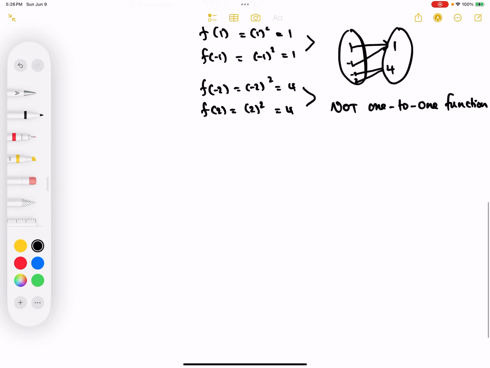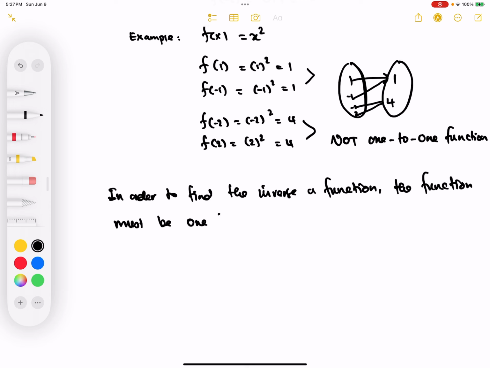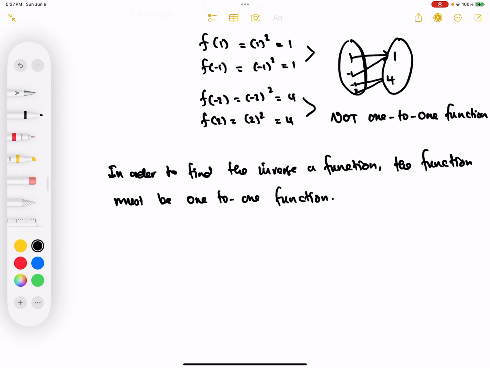Why it is important, we'll see in our next discussion, because in order to find the inverse of a function, the function must be one-to-one. So for example, the exponential function is a one-to-one function.